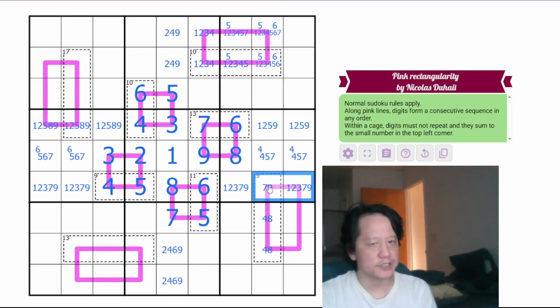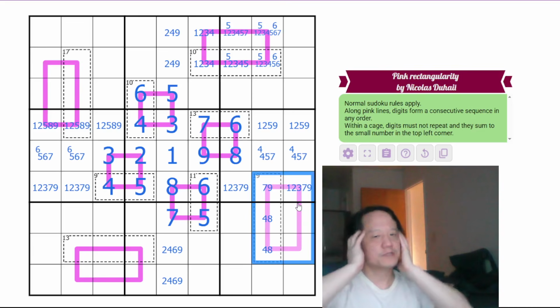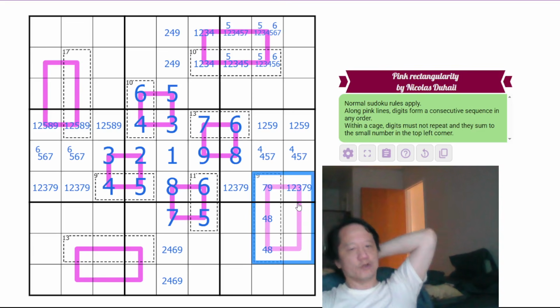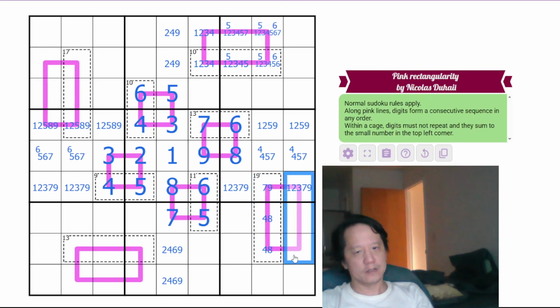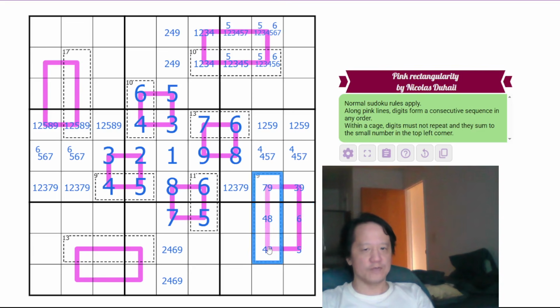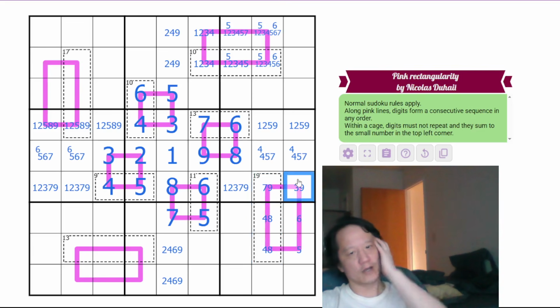That means the remaining digits on the Renban, 4, 8 with 7, would mean the remaining digits would have to be 5, 6, and 9, or 5, 6, and 3. So this would be 3 or 9, and we'd have 5 or 6 here. No 5 here because of 5 in the row, so that's 6, which would make that 5. So if this is 4, 8, 7, you have to have 5 and 6 to be consecutive, and then it's either with 3 or 9.